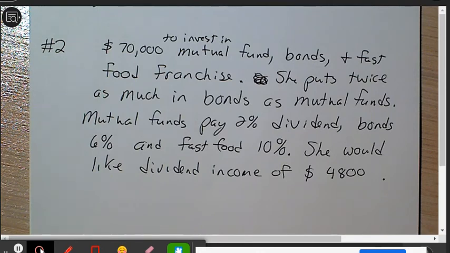Okay, and that's usually pretty much the same question that I ask on all these: you've got x, y, and z, and we'll look at one more that's got a w in it here in a second. And how much do we put into each one of these investments?